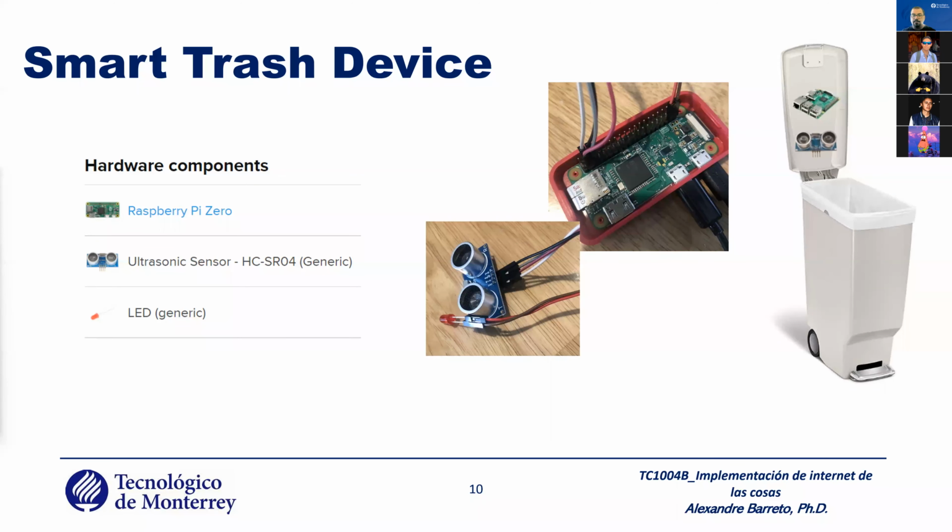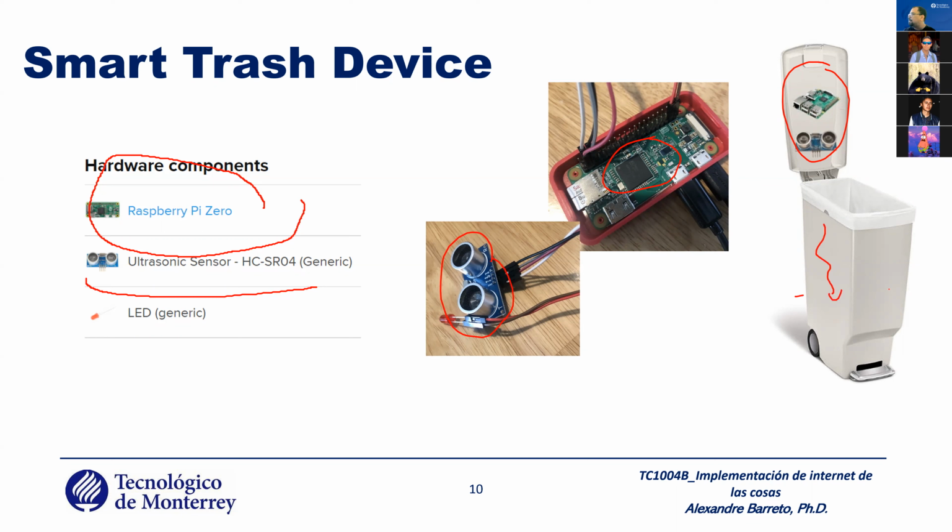In our project, we use the Raspberry Pi and an ultrasonic sensor. And the idea is, if you see here, on the top of the can, you install this combination, the Raspberry and the sensor. And when you activate the sensor, you measure the distance between it and the first object.